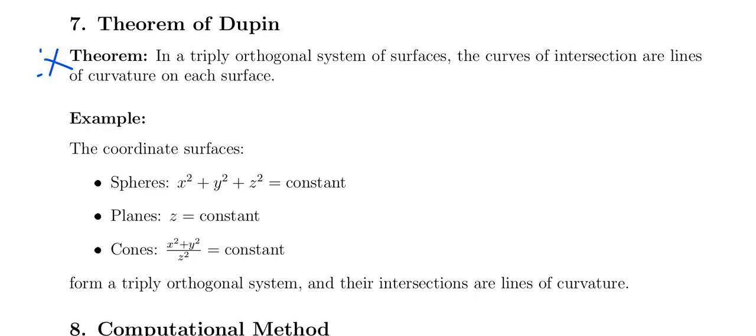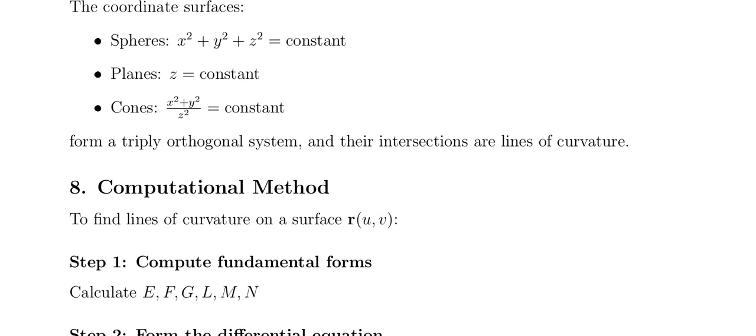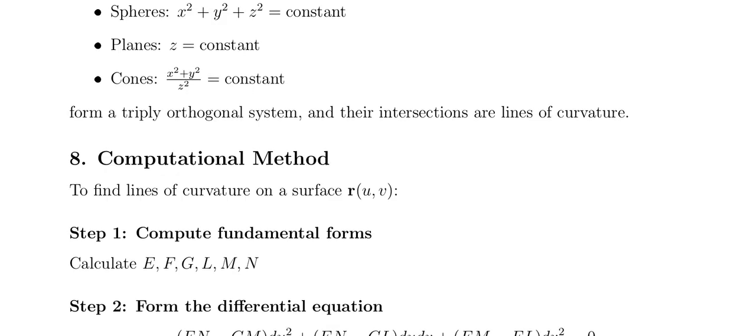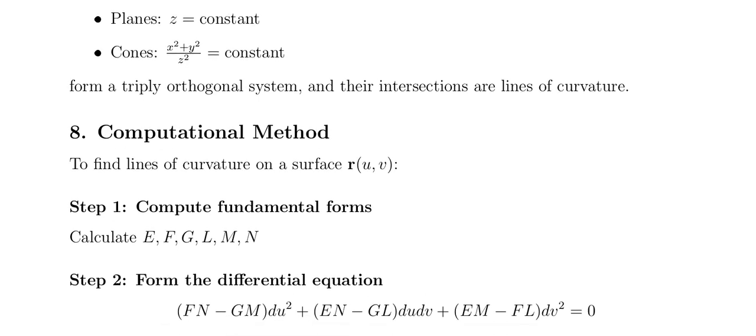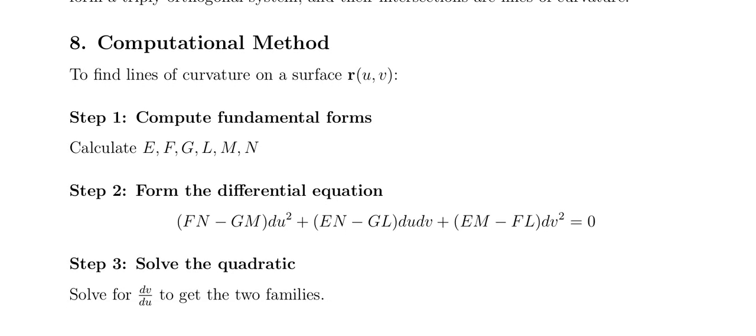That is the Dupin theorem. For an example, the coordinate surface x square plus y square plus z square equal to constant, the plane z equal to constant, and x square plus y square divided by z square equal to constant for the cone. These form a triply orthogonal system and their intersections are the lines of curvature. That is the example.